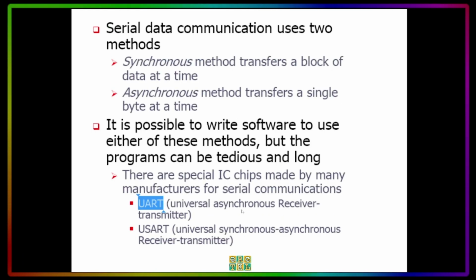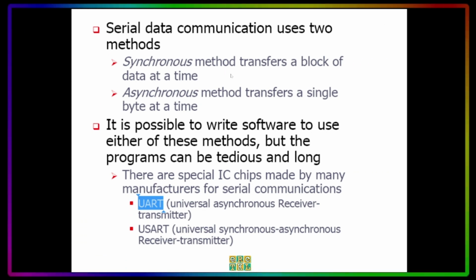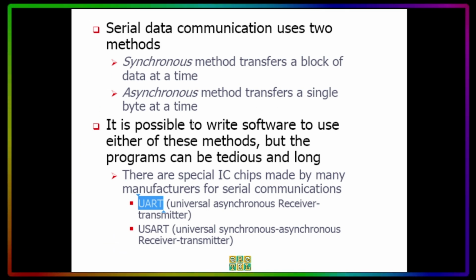Now, serial data communication uses 2 methods. The first method is the synchronous method, which transfers a block of data at a time, whereas the asynchronous method transfers a single byte at a time. When you say a single byte, it means 8 bits.